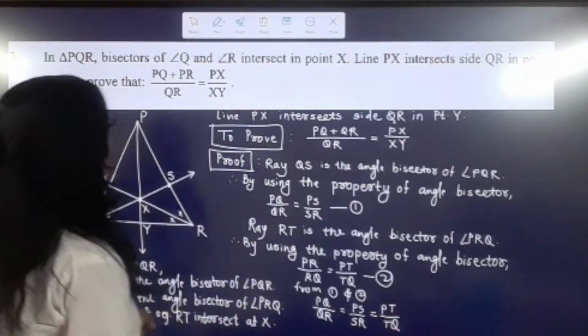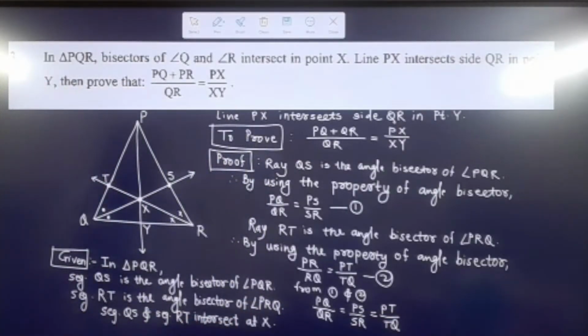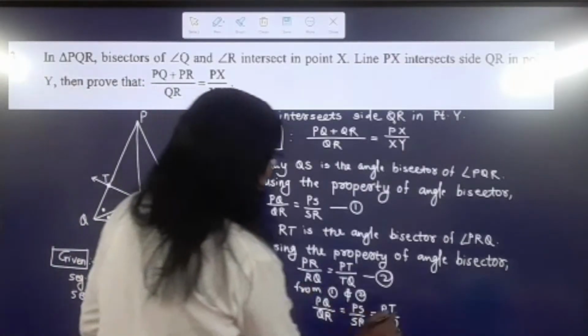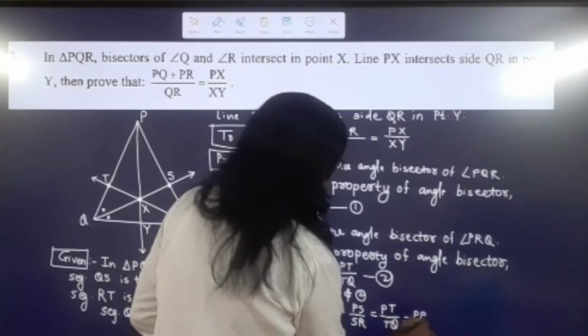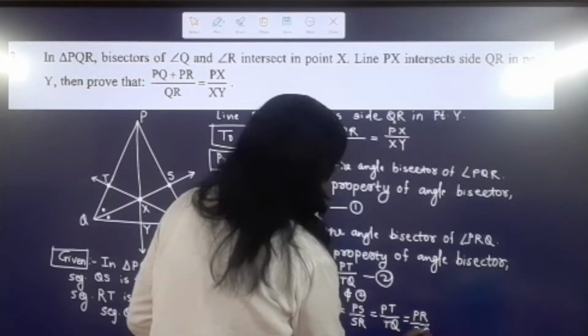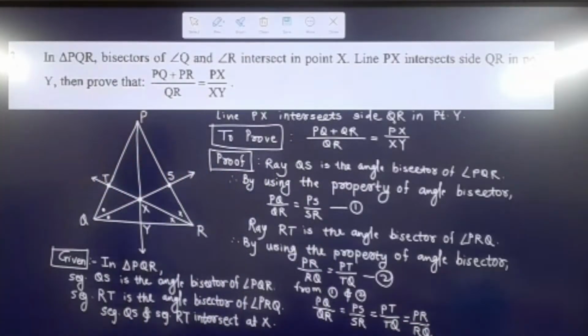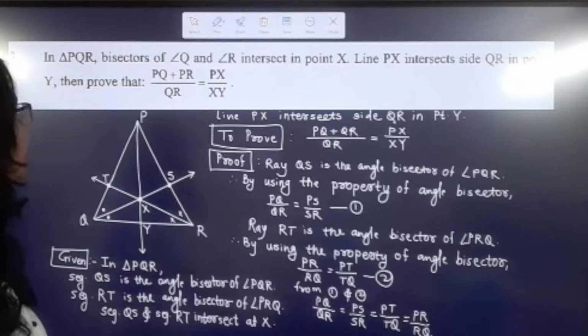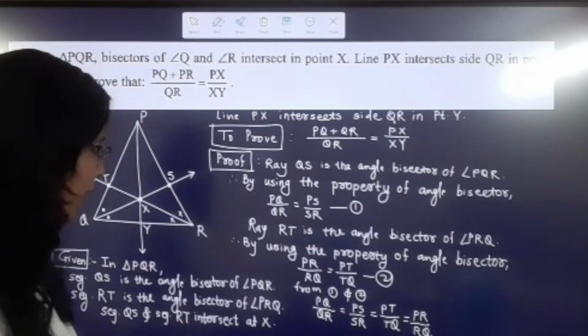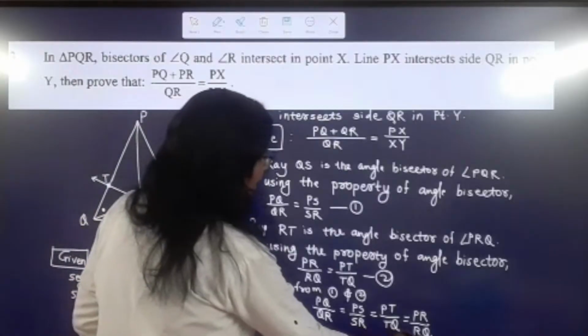So now here, students, as well as here PR upon RQ, or we say QR. So now here we take the two ratios, that is here QR and here QR.